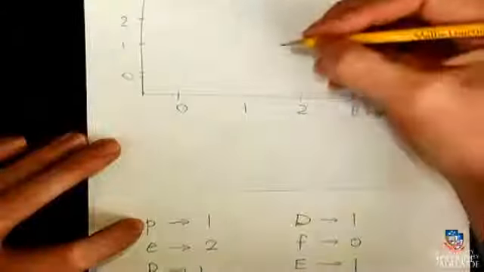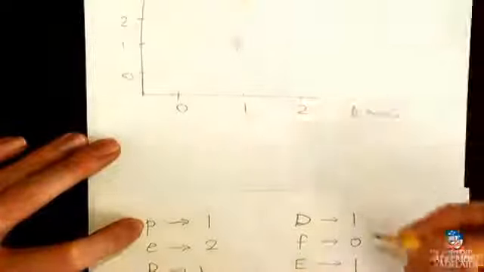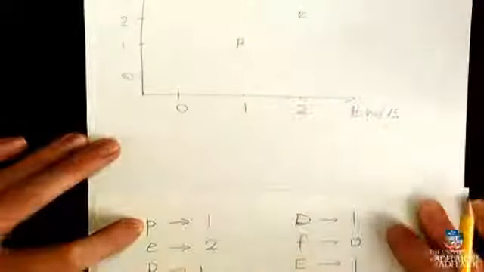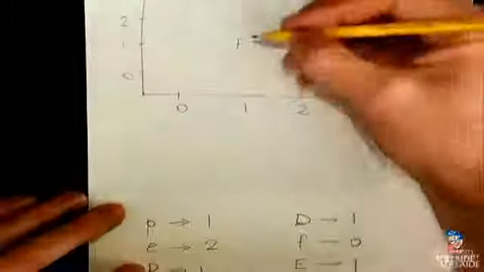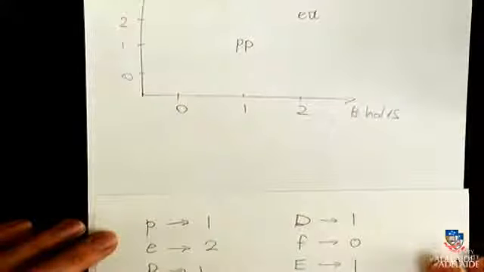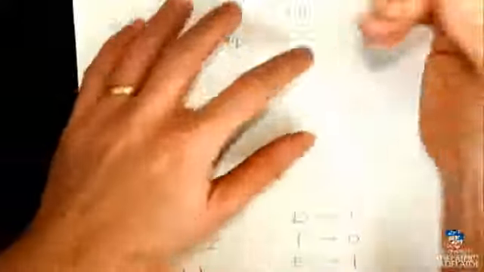P has 1 hole and its answer is 1. Little e has 1 hole and its answer is 2. Big P has 1 hole and its answer is 1. Little a has 1 hole and its answer is 2. Crap, you're right. I'm reading the wrong axis.